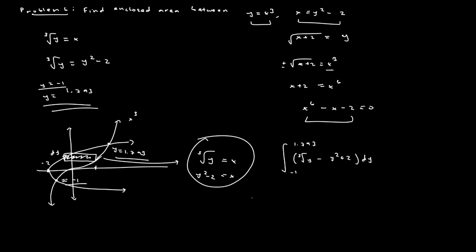Solving for this integral, we get y to the power of 4 over 3 times 3 over 4 minus y cubed over 3 plus 2y on the interval that I have established before, and that becomes about 4.215.